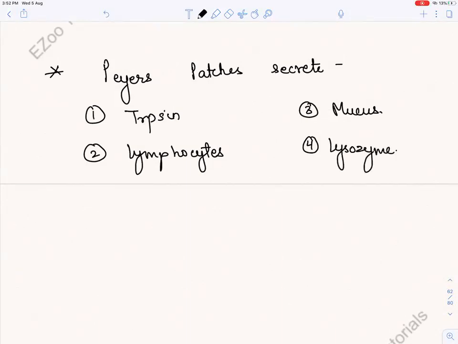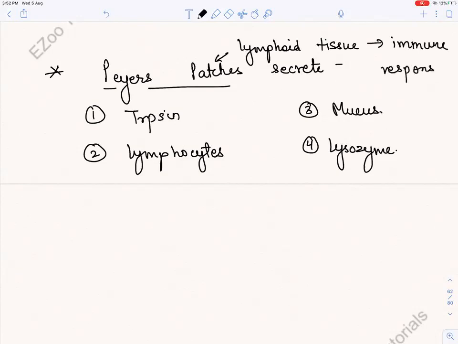So we know that Peyer's patches are lymphoid tissues which are helping in what? Immune response. Trypsin is helping in protein digestion, so it is not true.